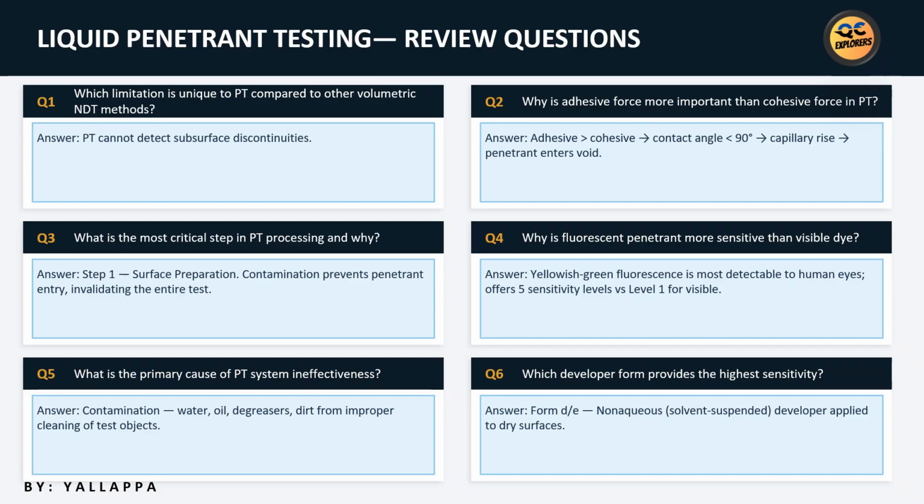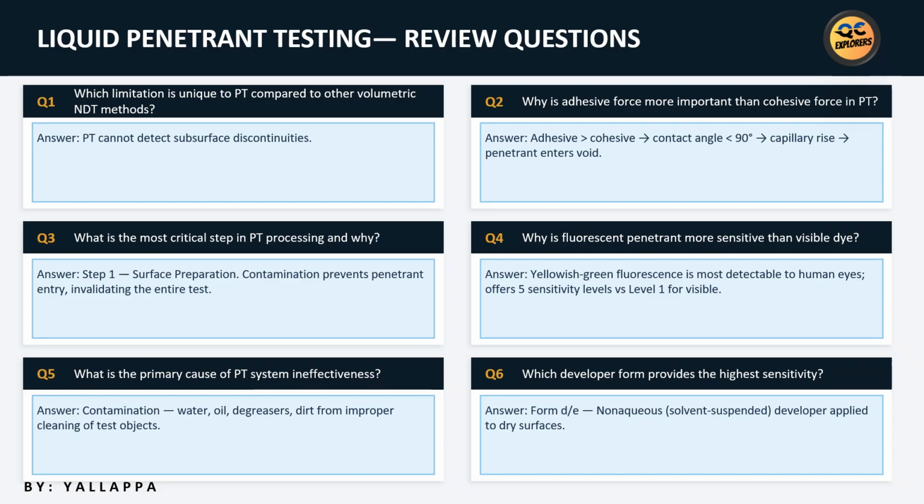Question 3. What is the most critical PT process step? Answer: surface preparation, because contamination prevents penetrant entry. Question 4. Why are fluorescent penetrants more sensitive than visible dye penetrants? Because the human eye detects yellowish-green fluorescence very efficiently under dark conditions.